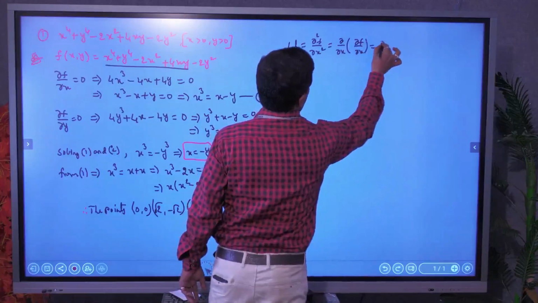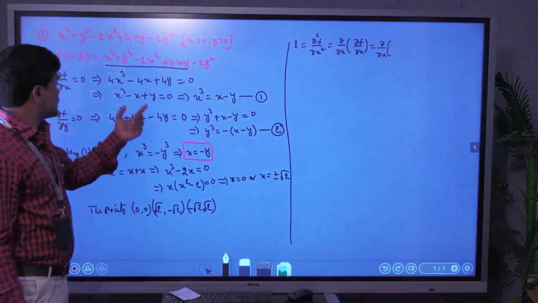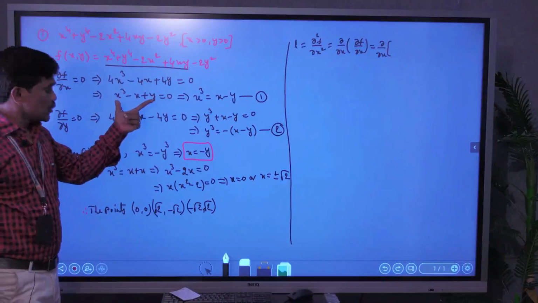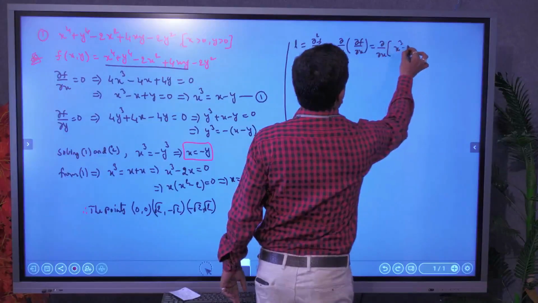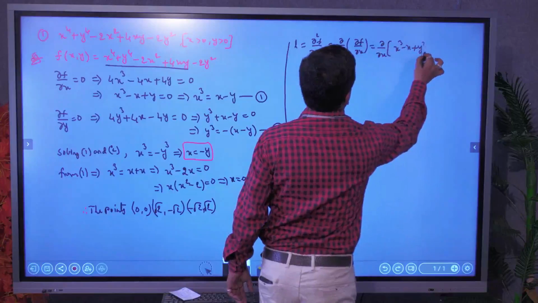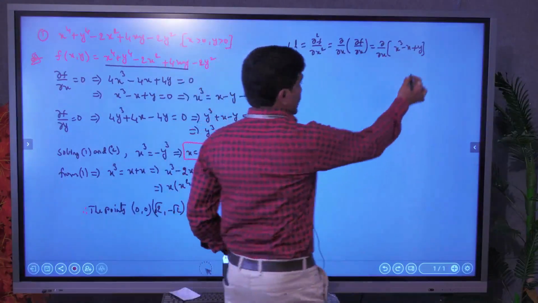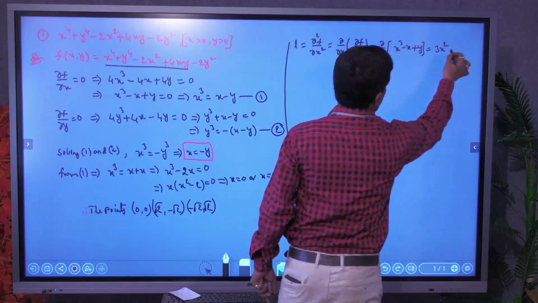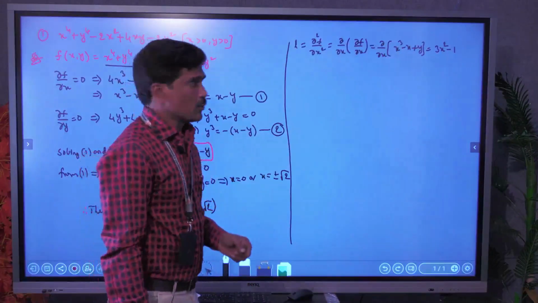What is dou f by dou x? It is x cube minus x plus y. Now derivative of that function with respect to x: x cube derivative is 3x square, minus x derivative is 1, plus y derivative is 0.